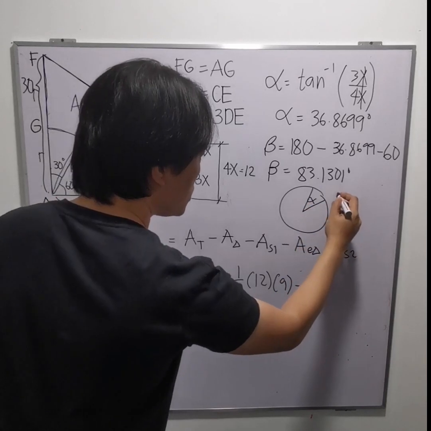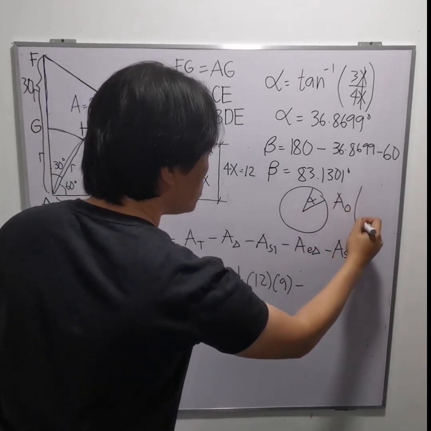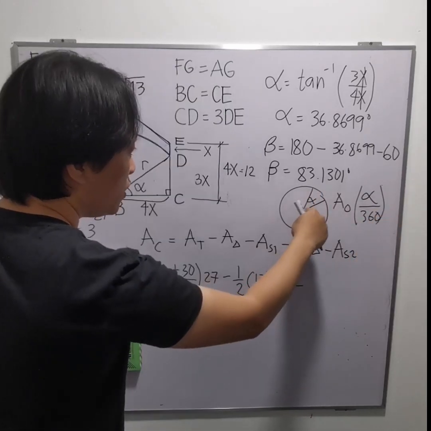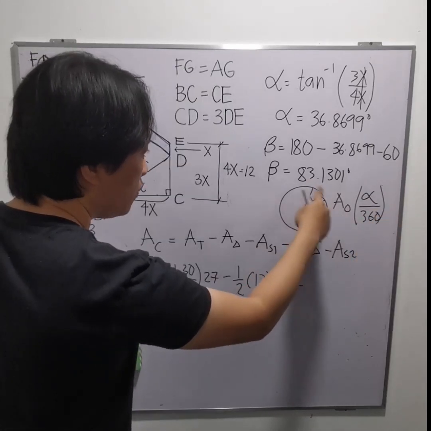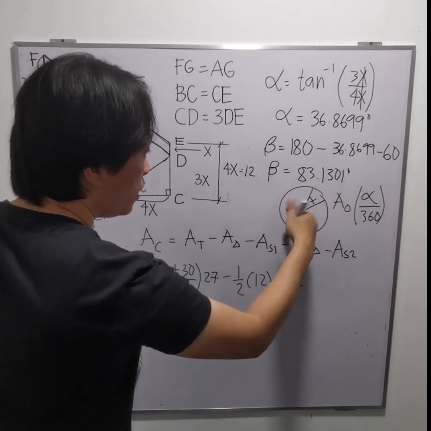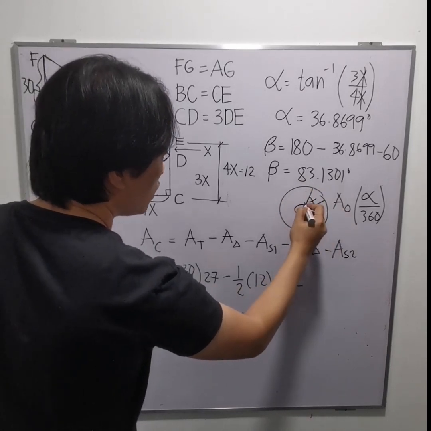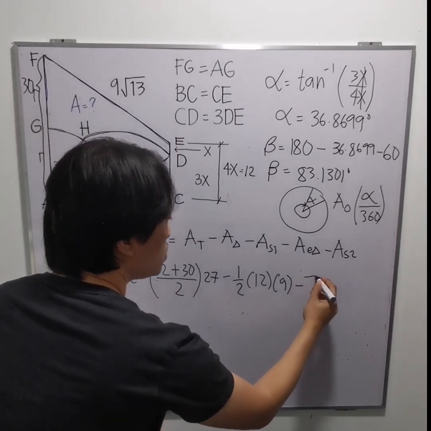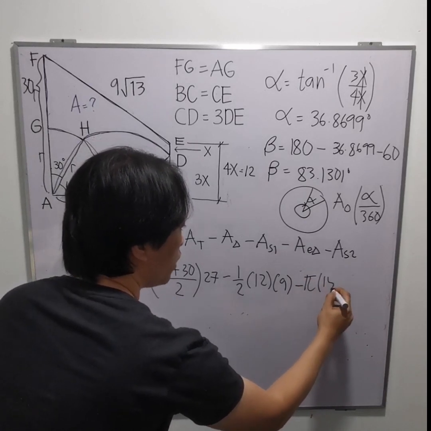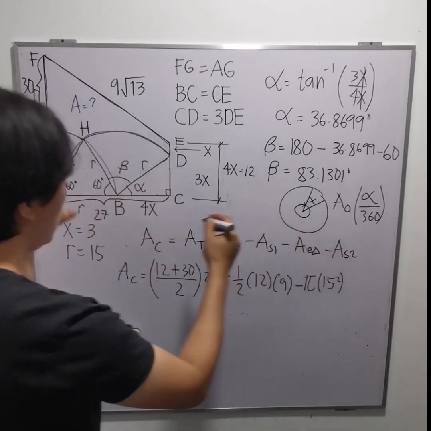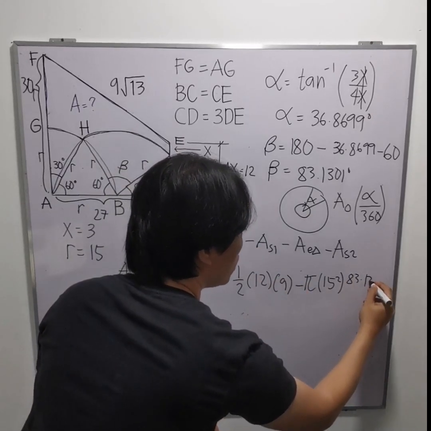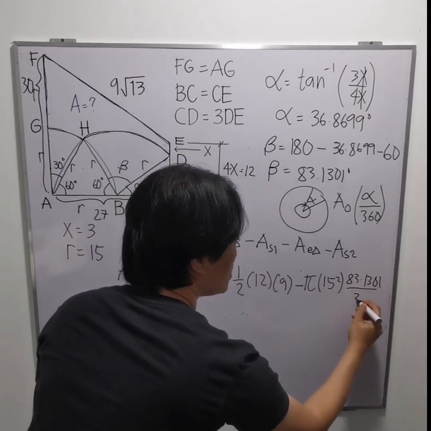It's just the area of the circle times the angle divided by 360, relative to the entire angle, which is 360, right? So the area of this sector is pi r squared times the angle, beta, 83.1301, divided by 360.